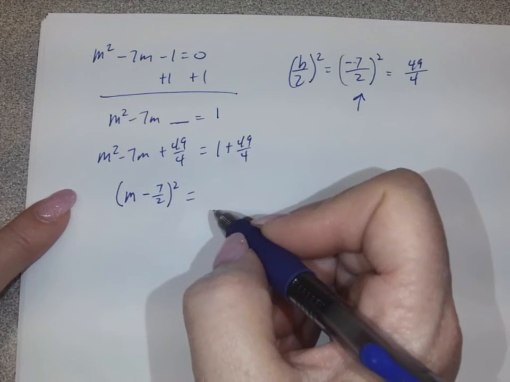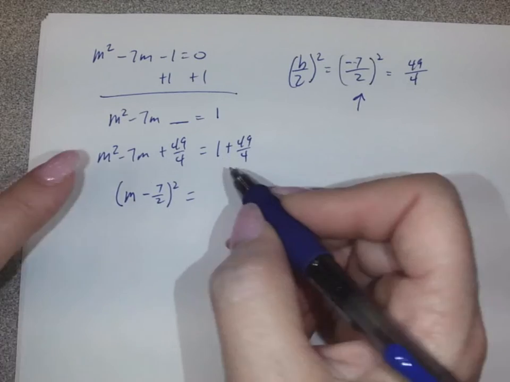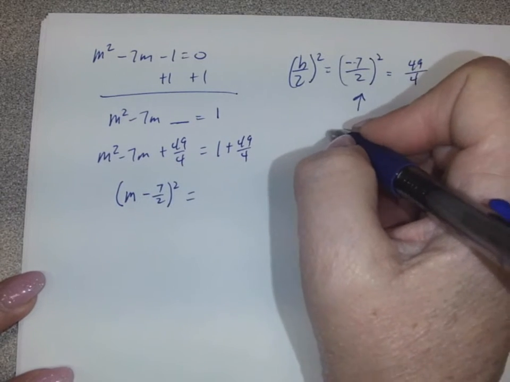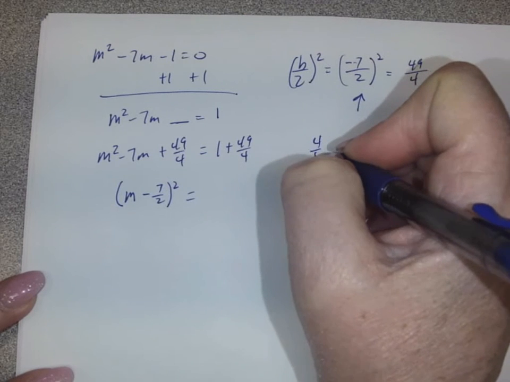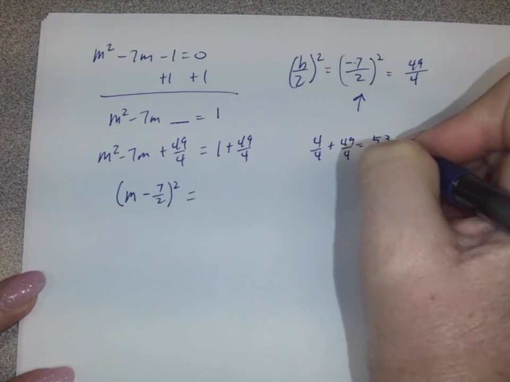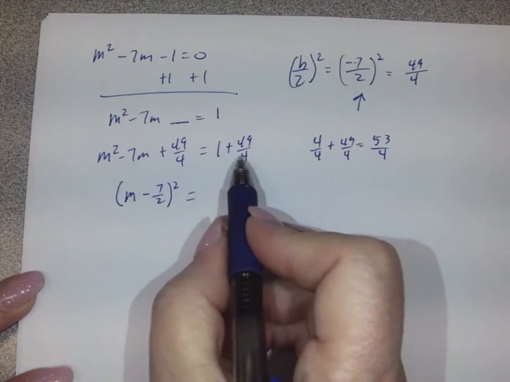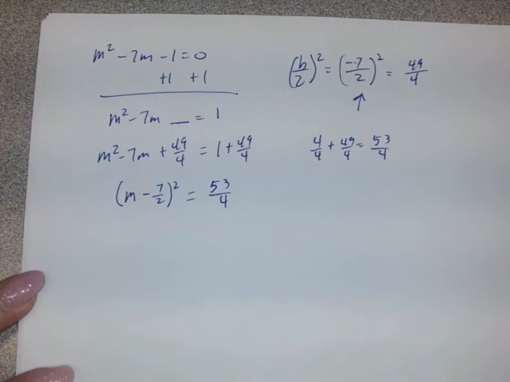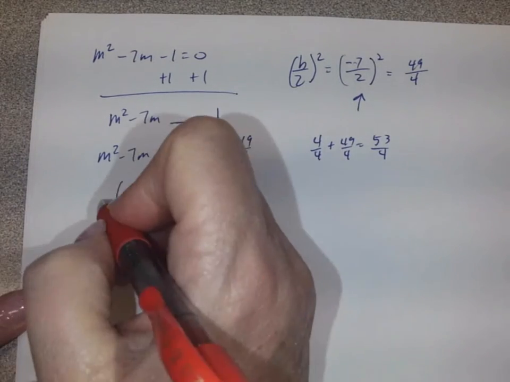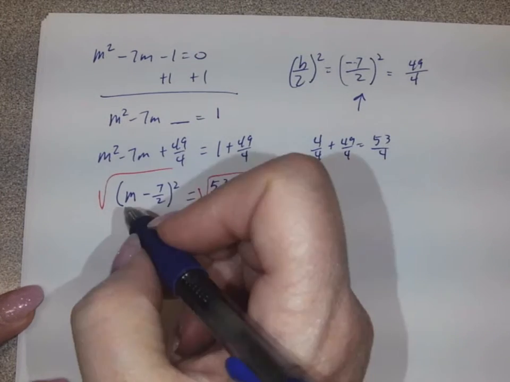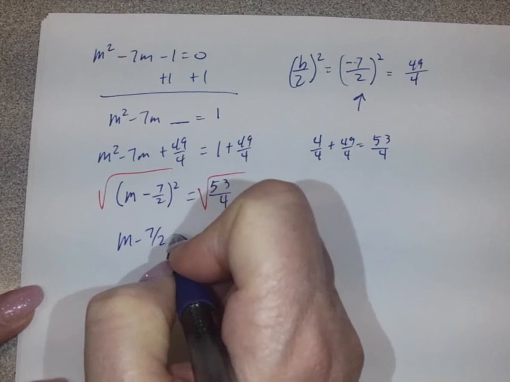So if we look at 4 fourths plus 49 fourths, that'll get us 53 fourths. So we're just getting that common denominator right there. So it'll be equal to 53 over 4. We'll come in and take the square root of both sides. And when taking that square root, we end up with m minus 7/2 is equal to plus or minus the square root of 53 over 4.